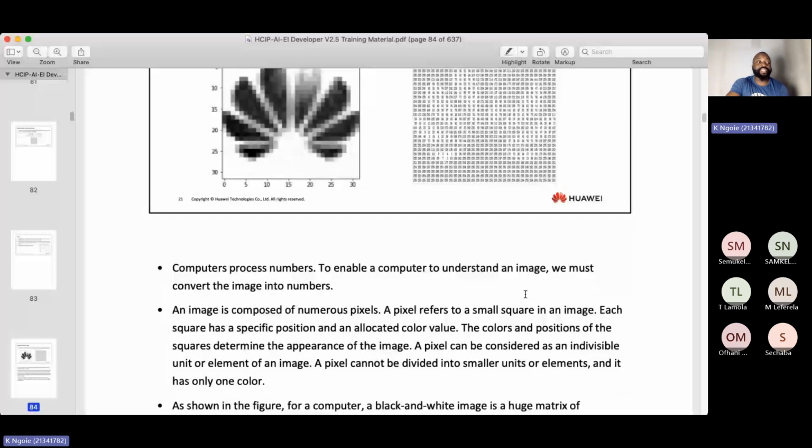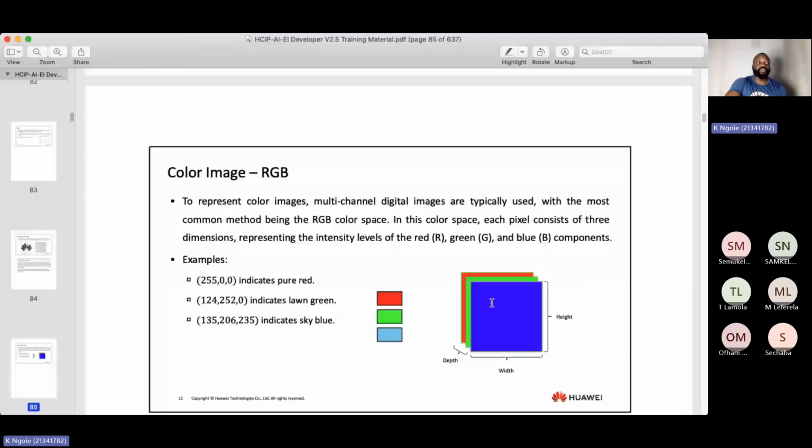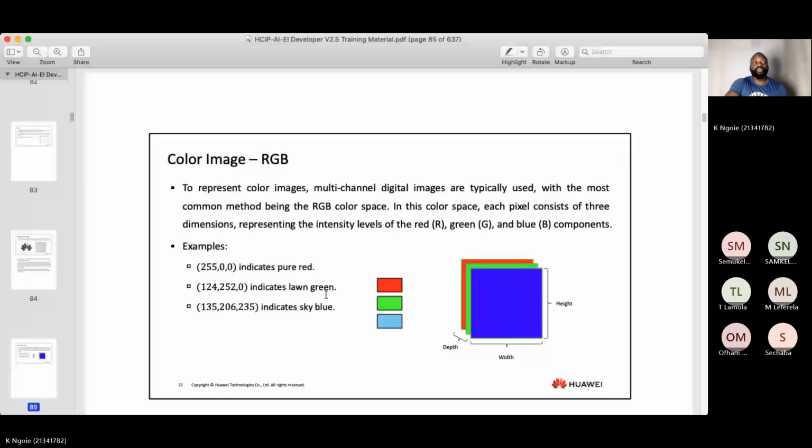Now, if we have colors, the image will be represented by the color image model. In this case, we're going to have this sign, which indicates a pure red. We have an example of this. When you look at this, there is a mixture of a bit of red and other colors.